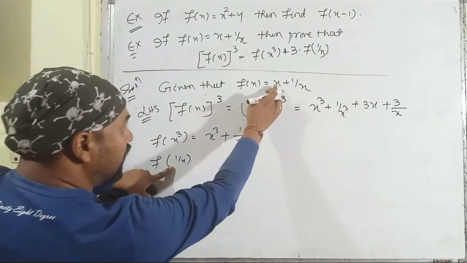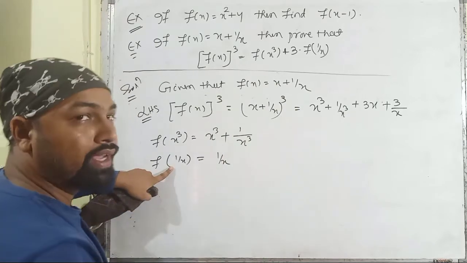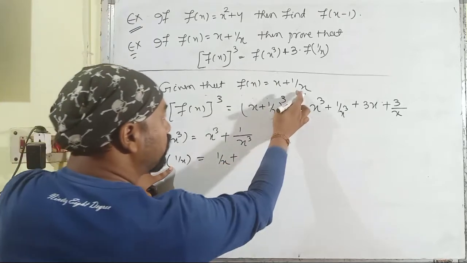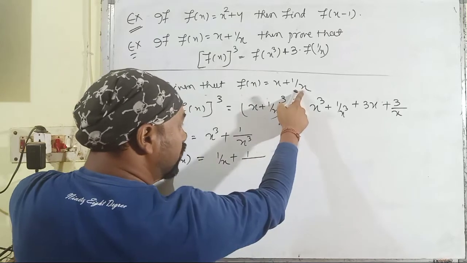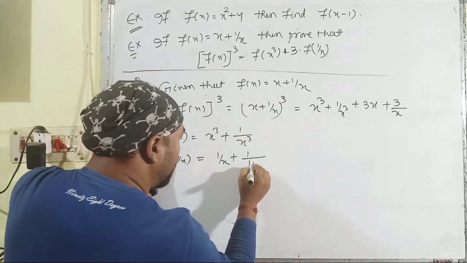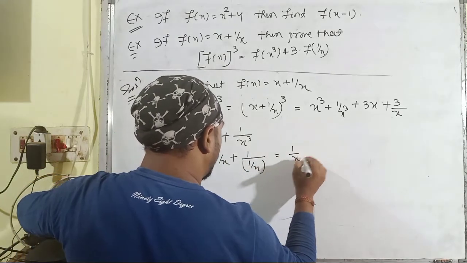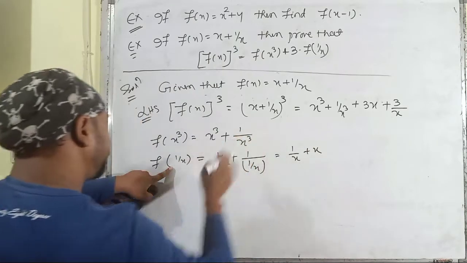So we substitute 1 by x where x lies, and also in the denominator part. Just simplify this. This is 1 by x plus x.